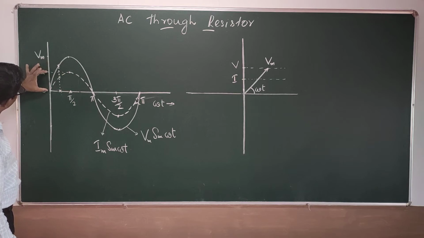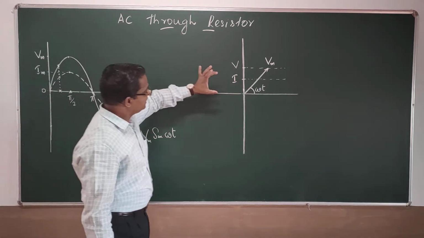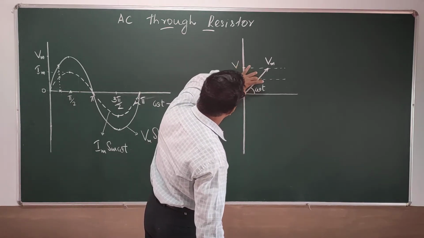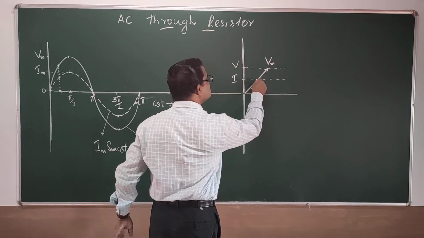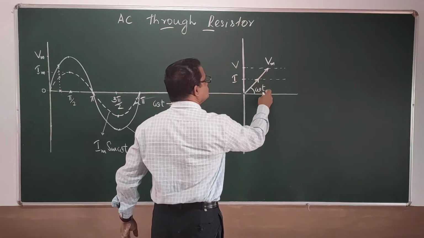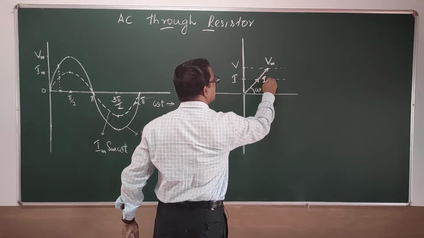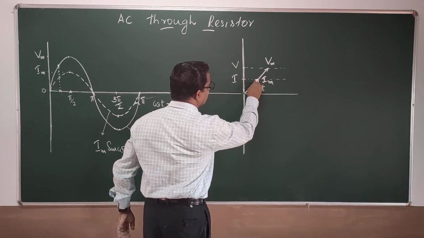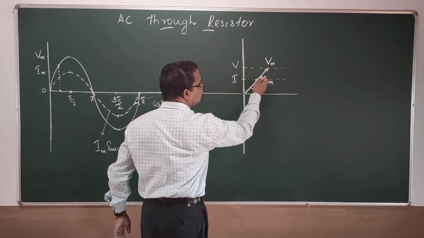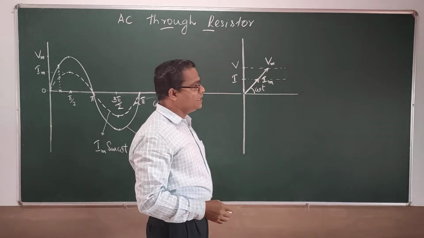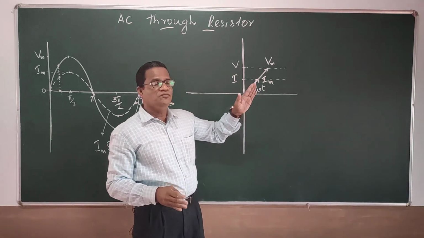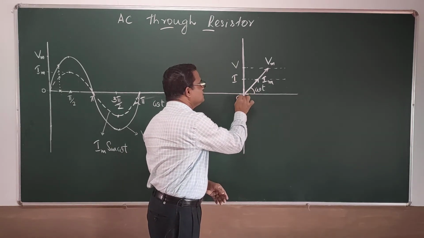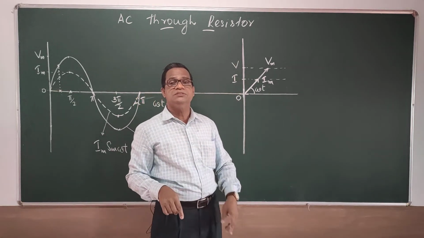I take that peak value and rotate it, and you can see it meets at this particular point. So this is actually Im, and this whole length measures Vm. You can find that Im and Vm fall on the same line because the phase angle between the two is 0.